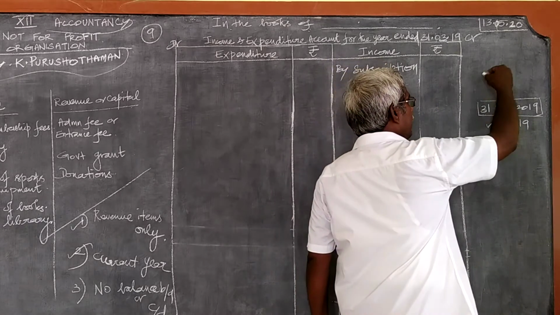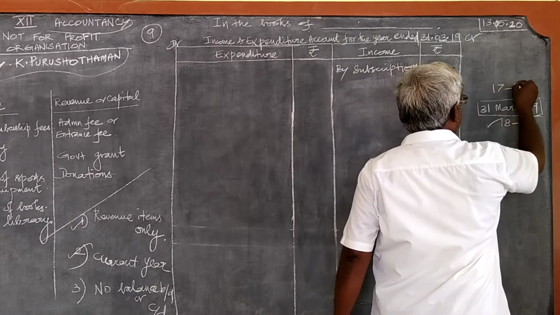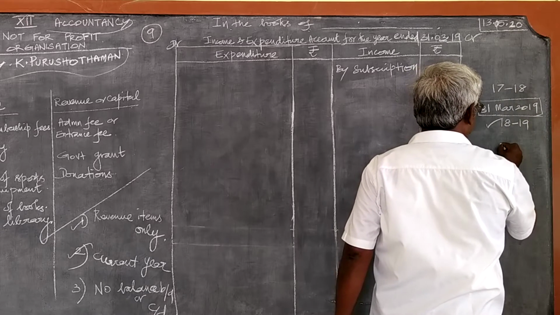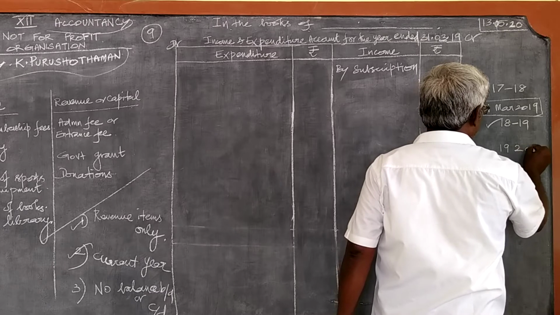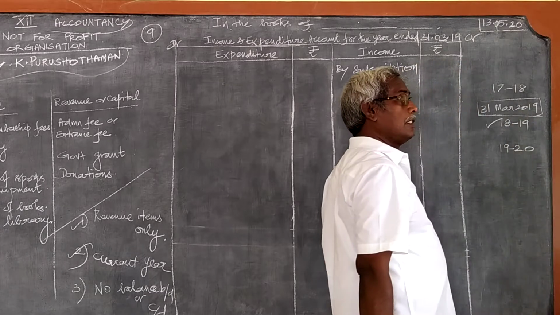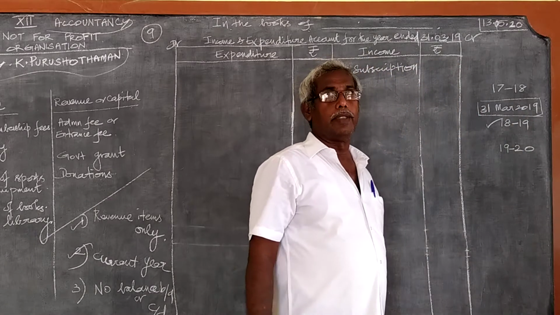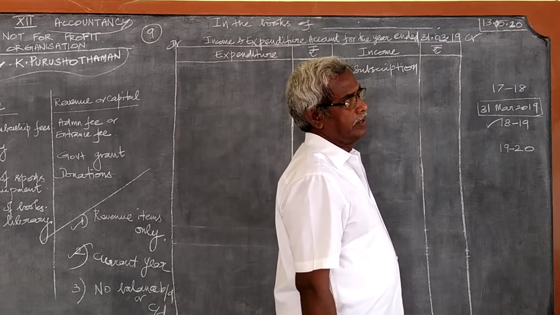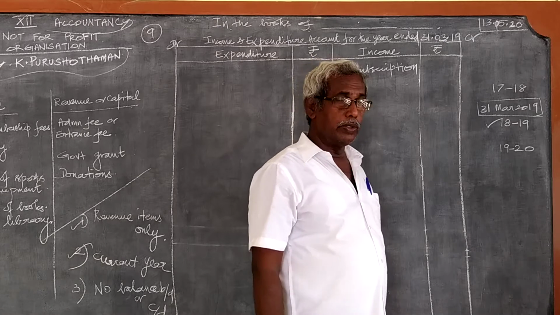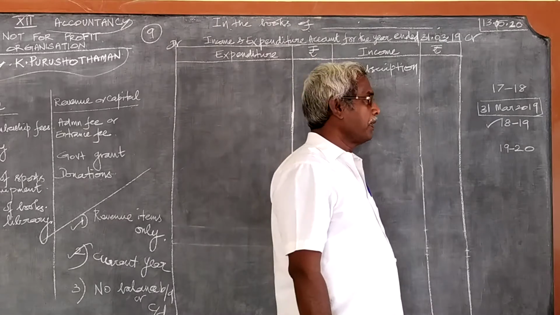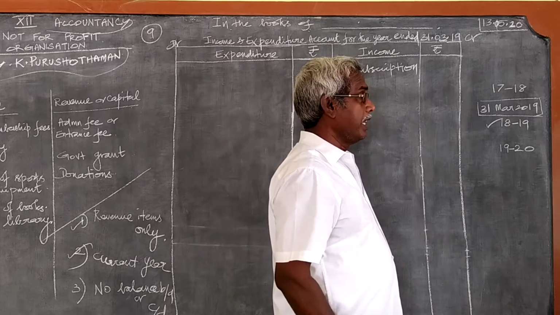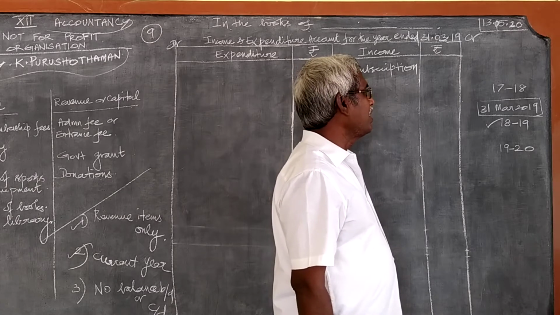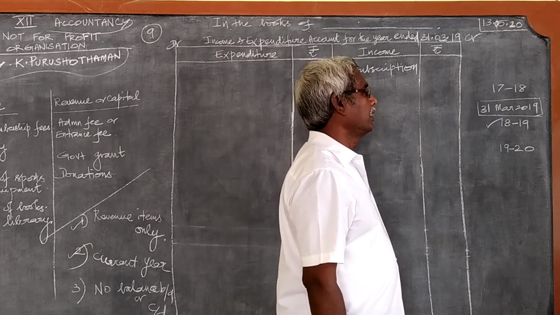So, what is the previous year? 1718. What is the next year? 1920. This you should know well. The accounting year for which the income and expenditure account has to be prepared is 1819 only, because the accounting year ends in March 19.